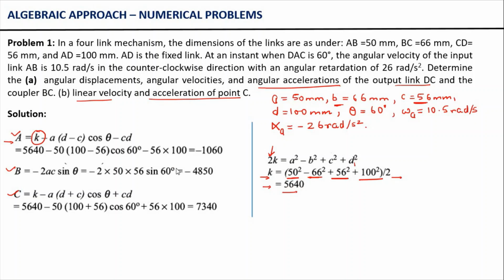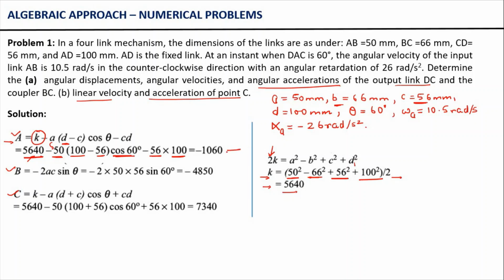Now this value of K we will substitute here to calculate the value of A. So A is equal to 5640 minus, then this value of a is 50, then d minus c, that means 100 minus 56, then we have cos 60 degrees, then again minus c into d, where c is 56 and d is equal to 100.